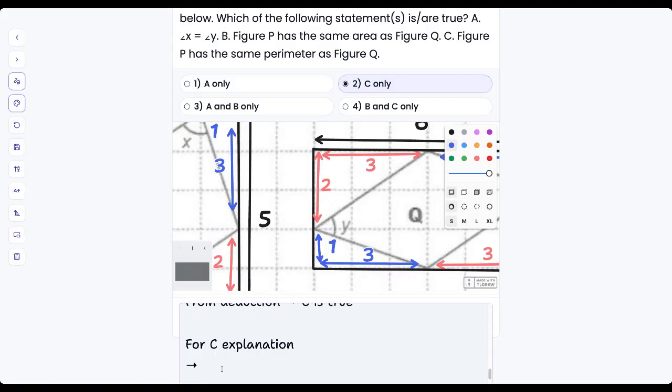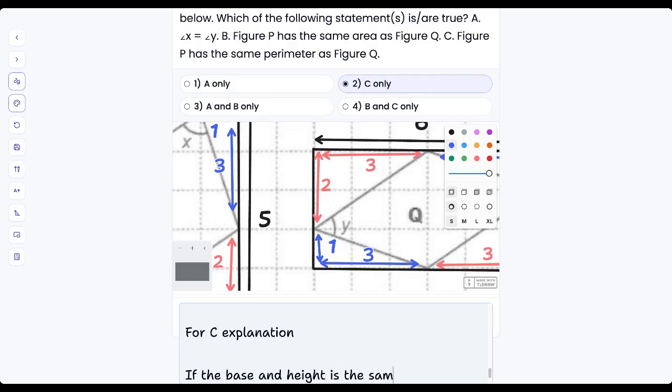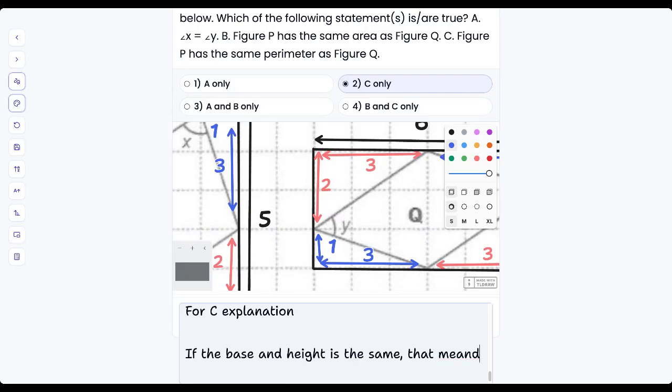So for C explanation, if the base and height is the same, that means the slanted line length highlighted in, let's do green.